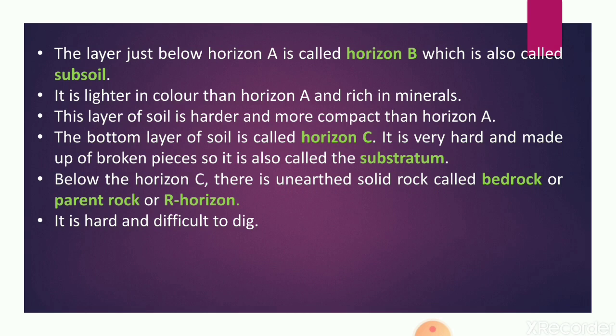This layer represents the transition zone between the earth's bedrock, which is below the C horizon, and horizons A and B. In this layer the parent material is present, means broken rocks, and these rocks are rich in minerals, but no humus is present in C horizon. And below the C horizon, there is unearthed solid rock, which is called bedrock, parent rock, or R horizon. This layer is very hard and very difficult to dig.